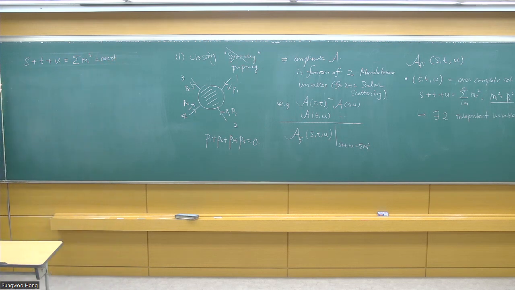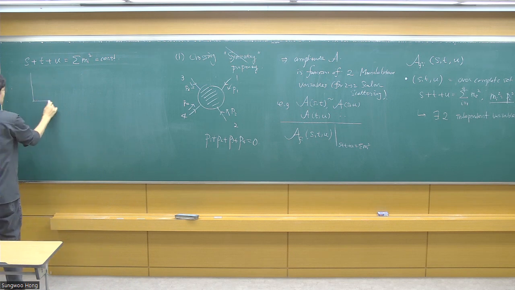Do you see that this is a plane in three-dimensional Euclidean space? So let's imagine I draw s, t, u, or x, y, z.